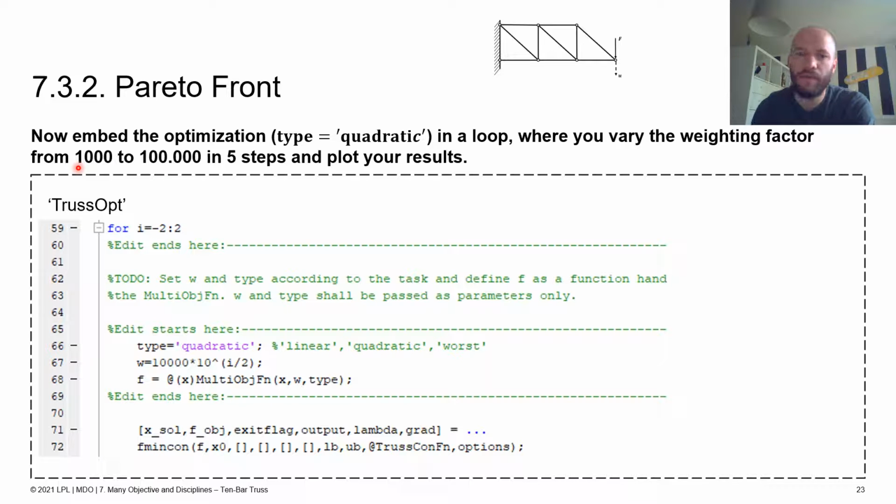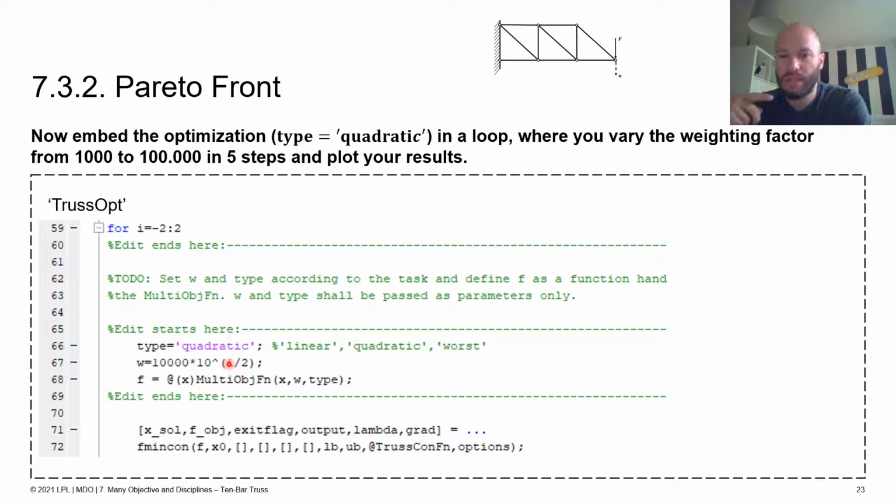Remember, for each weight for a meta-objective function with different objectives, we get a different optimal result. So by varying the weight, we get for each weight a point on the Pareto front. And here we want to vary it from 1000 to 100,000 in 5 steps. Because of that, we can set up this loop, for instance, from -2 to 2 with this formula for the steps of the weight.